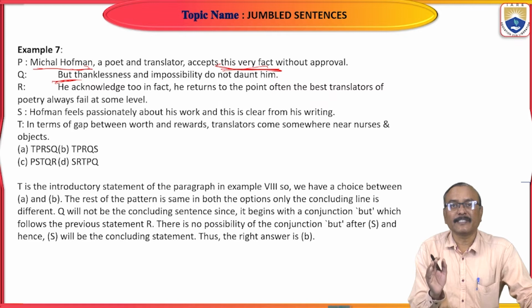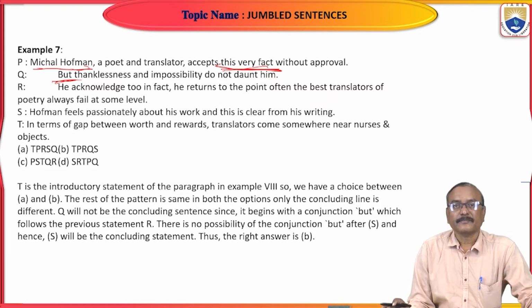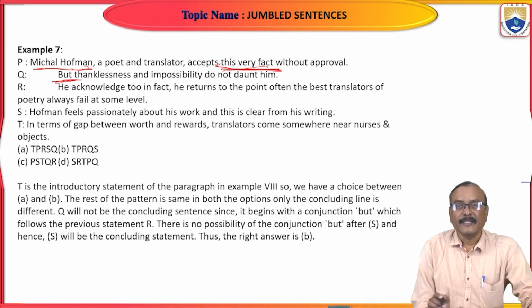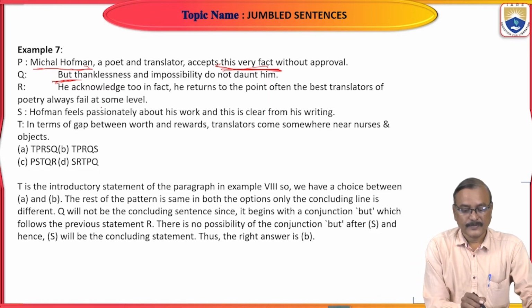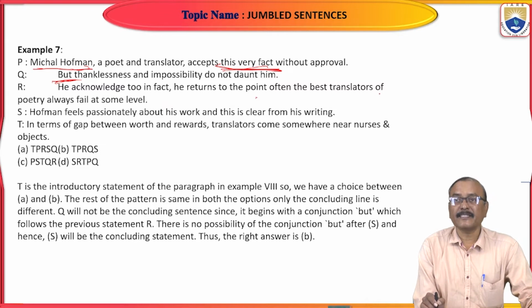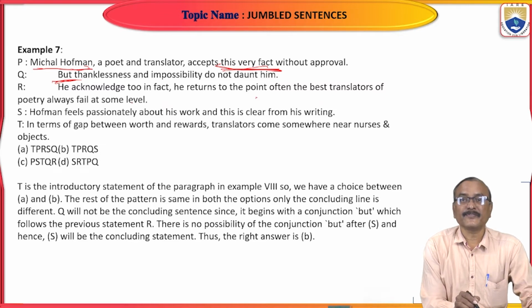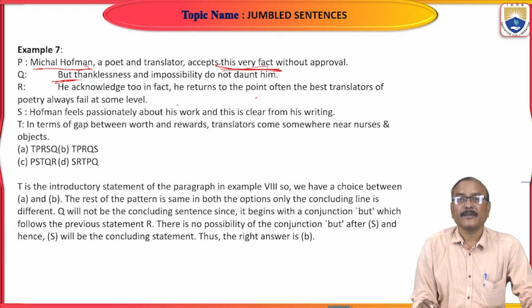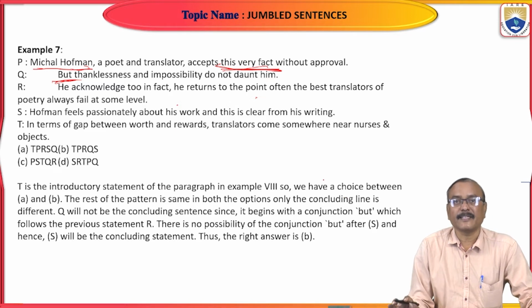No paragraph begins with pronouns. Is it clear? He acknowledged to, in fact, he returns to the point where the best translators of poetry always fail at some level. Okay, he acknowledged to, he means who? So, R is also not the first sentence.